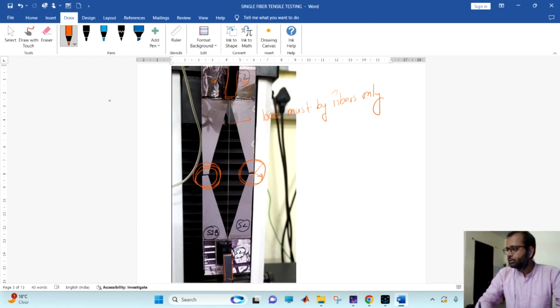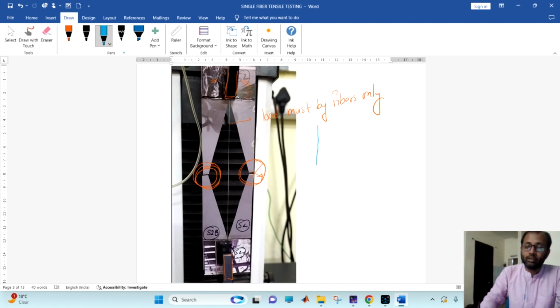That is the one thing. Now, what are the inputs and outputs of the machine? That's a very interesting thing. We have the load cell. When we talk about the load cell, we must know what type of load cell we have to use here. The load cell must be very sensitive.